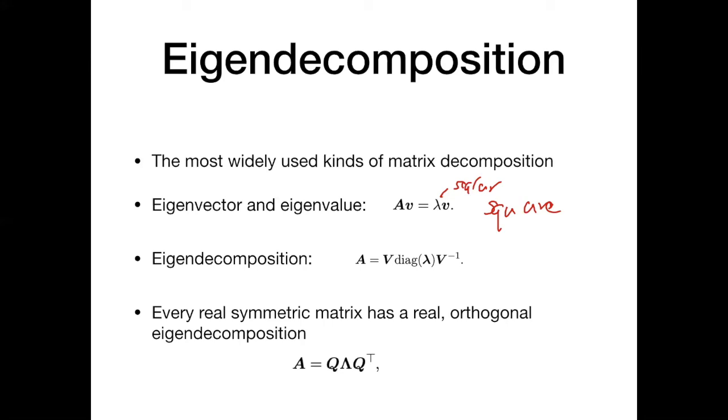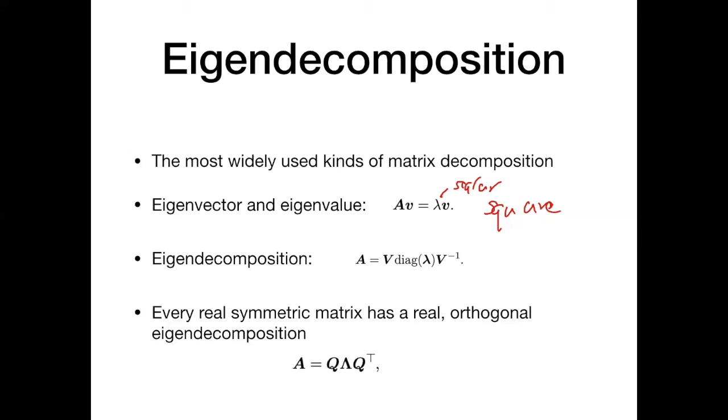The expression means that A can be decomposed into three factors. The first factor is the matrix V, which is composed of the eigenvectors of matrix A. The second factor is a diagonal matrix composed of the eigenvalues of A. And the third factor is just the matrix inversion of V. Not every matrix can be decomposed into eigenvalues and eigenvectors.